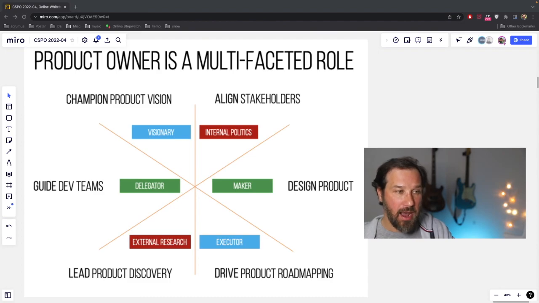What I actually ask them to do once I present the model is to print it out, take a pen, and mark the sectors where they spend a lot of time. By making the dots big or small, they can symbolize how much time they spend there. And then look at the balance or imbalance that they might encounter and maybe take some corrective actions.